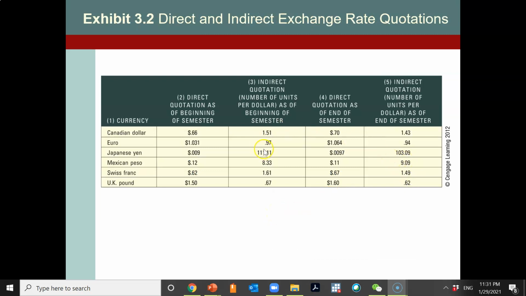Again, for euro and Japanese yen, their direct quotation increased, so the indirect quotation decreases. For Mexican peso, the direct quotation decreases, so the indirect quotation increases instead of decreasing. Swiss franc and UK pound, their direct quotation increased and indirect quotation decreased.